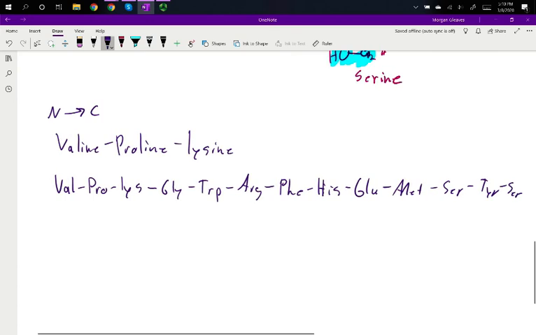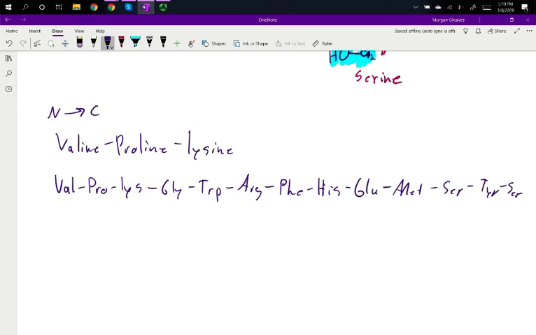You might have some molecule like this. In our case, that's 1, 2, 3, 4, 5, 6, 7, 8, 9, 10, 11, 12. It's 13 amino acids long. This would be a small polypeptide.